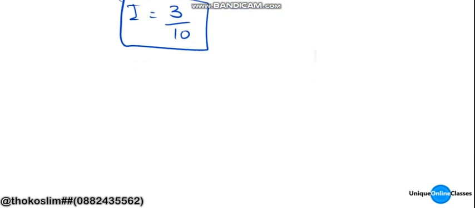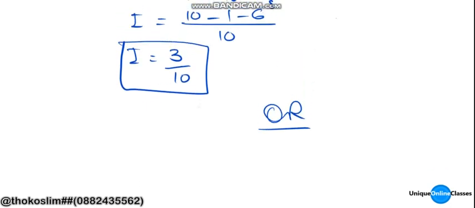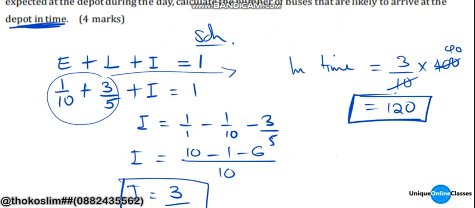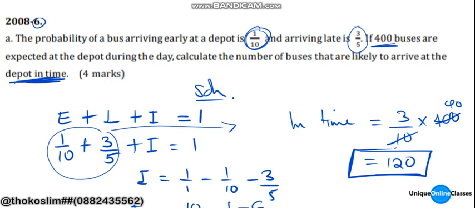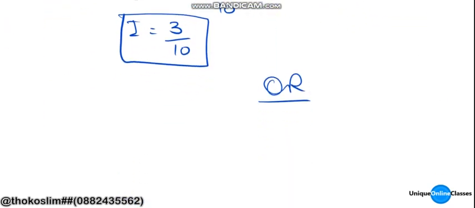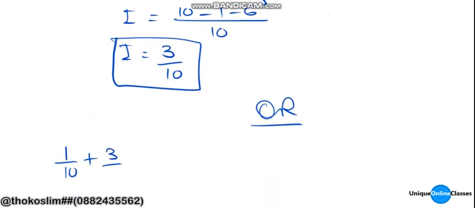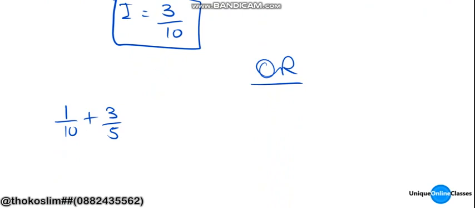Or else you can follow this way. Just add the given probabilities. If you add 1/10 plus 3/5, our common denominator here is 10. 10 into 10, that's 1, 1 times 1, that's 1, plus 2, that's 2, 2 times 3, that's 6.